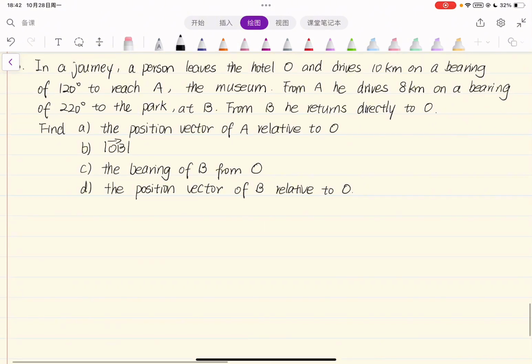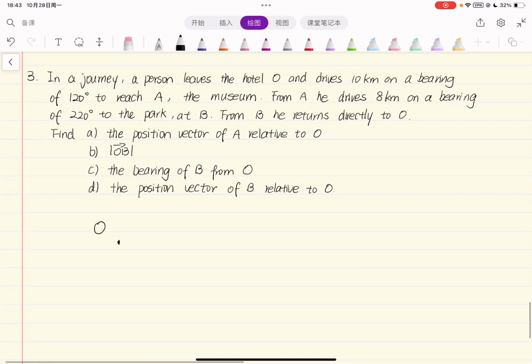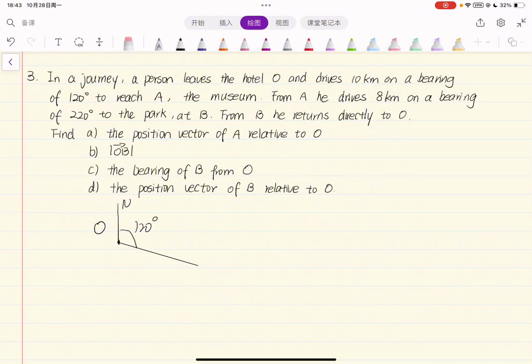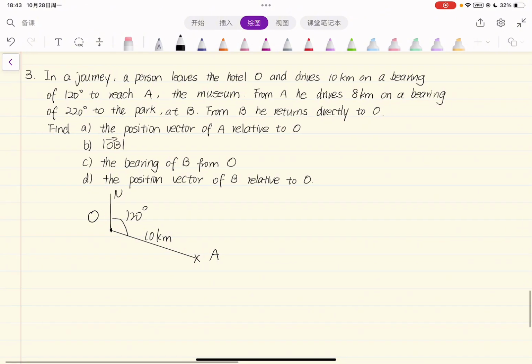Now let's start. We have the hotel O over here and drives 10 kilometers on a bearing of 120 degrees. So start from the north and go clockwise 120 degrees. And the length should be 10 kilometers. So here is 10 kilometers and we reach the point A. And then start from A on a bearing of 220 degrees.